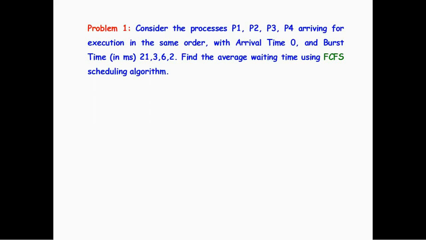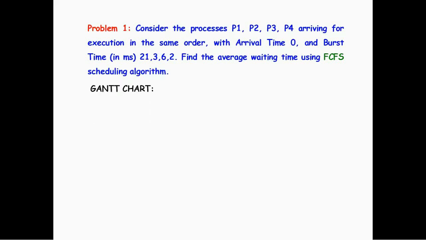The concept used with first come first serve is that the process that arrived in the ready queue first will be scheduled first. So P1 will be scheduled first, then P2, then P3, and finally P4. Let us draw a Gantt chart now.